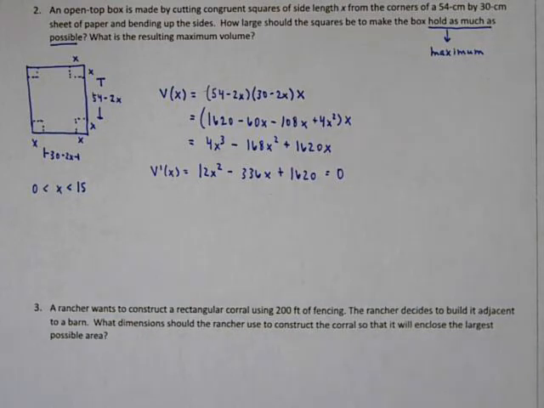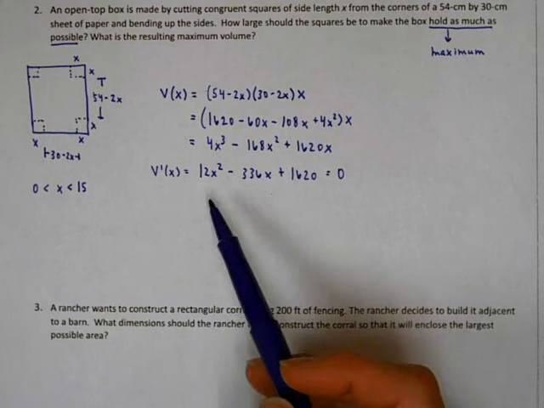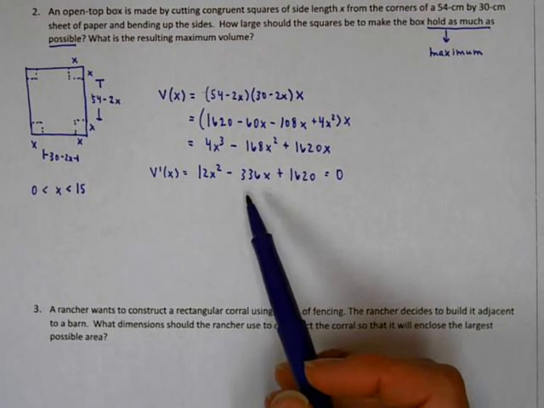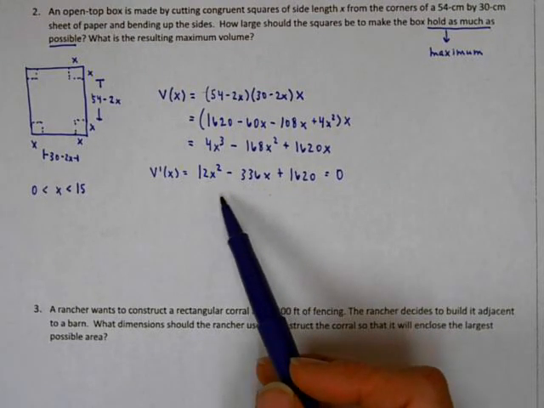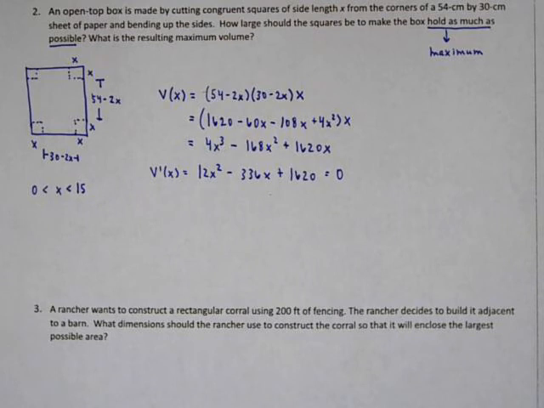Now, this problem ends up actually not factoring well, and because of the numbers, this would be an appropriate time to use a calculator. What we could do is we could use the quadratic formula, and we could use that to find the value of x. But I actually want to use my calculator because I want to connect this to the work we were doing just in the last section with extreme values.